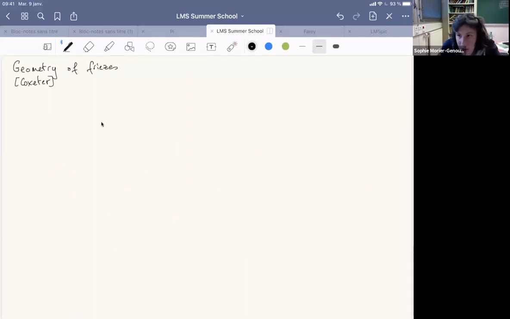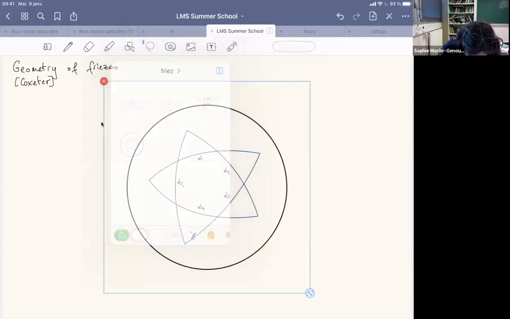It was a way to organize relationships between numbers in some geometric pictures. So let's try to explain, or to show at least, what kind of geometric objects are related to frieze. I have prepared a picture. It is this one.